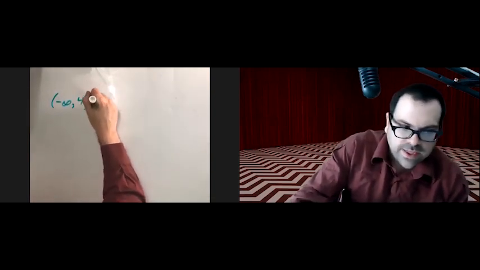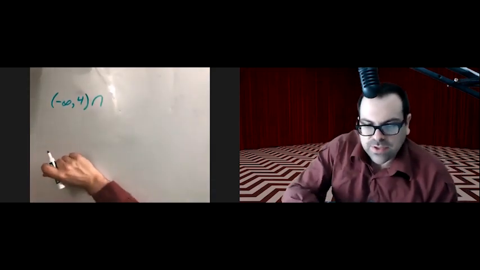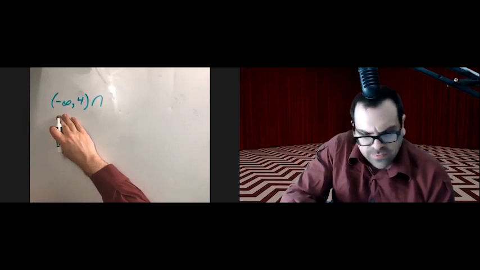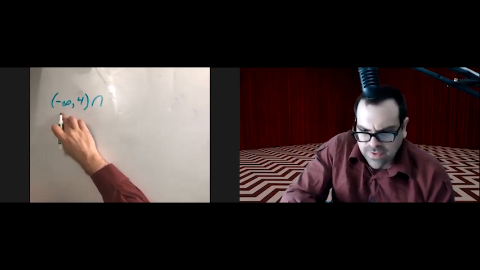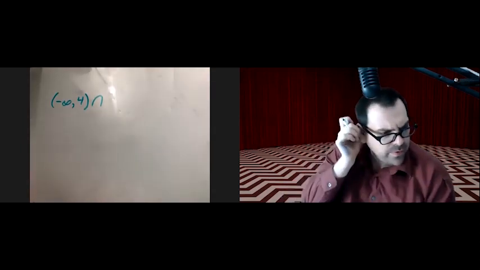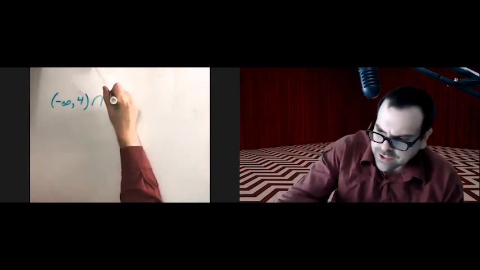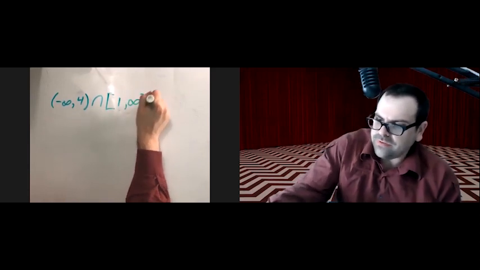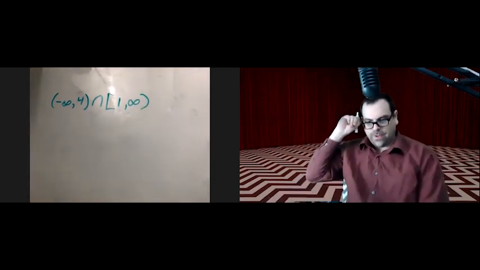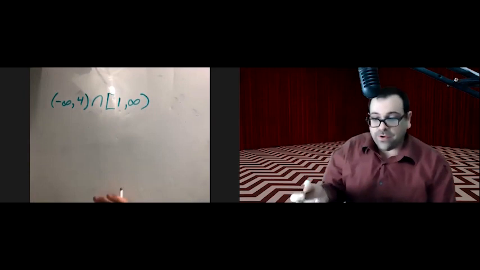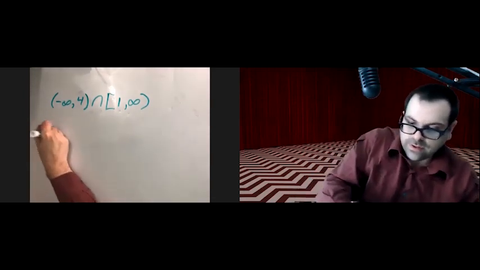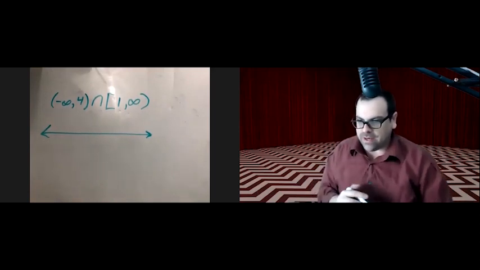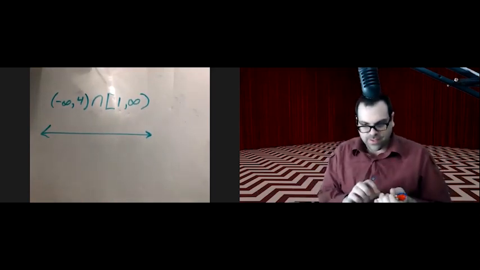Let's take a look at the resulting set of negative infinity to 4, parentheses on both, intersection, square bracket 1 to infinity. So what I would do, just like before, we're going to go ahead and look at both of these.